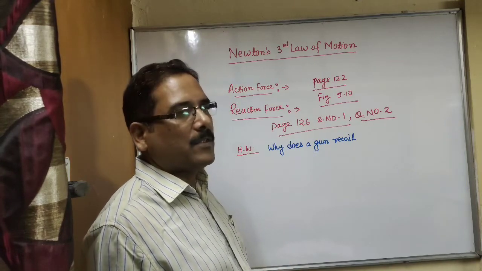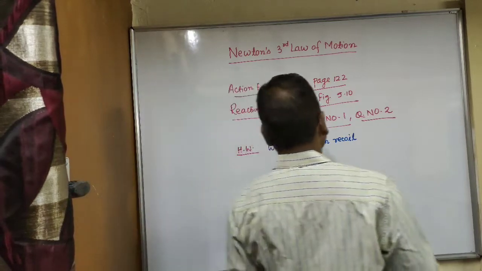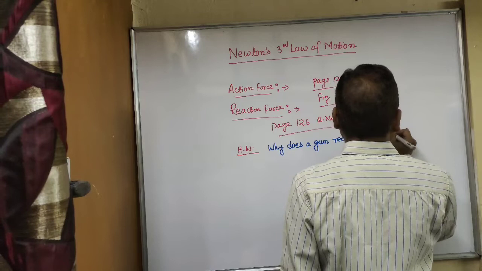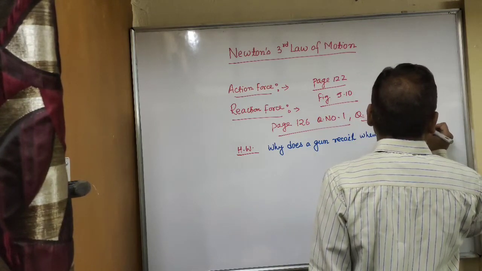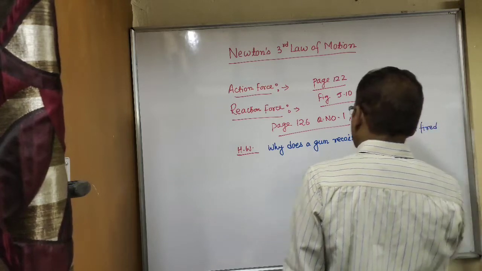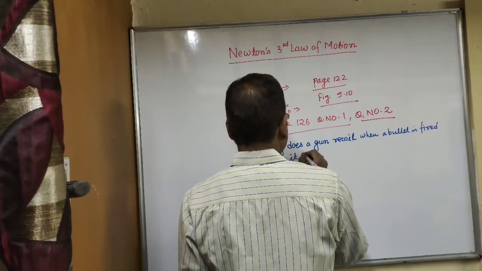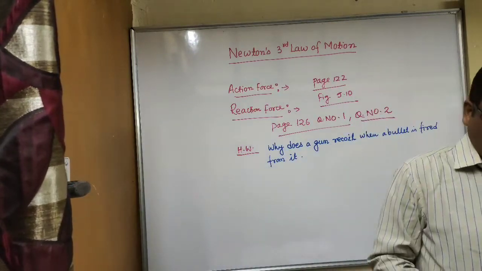It applies a force in the backward direction. That is called recoiling of the gun. Why does a gun recoil when a bullet is fired from it? So this question is homework.